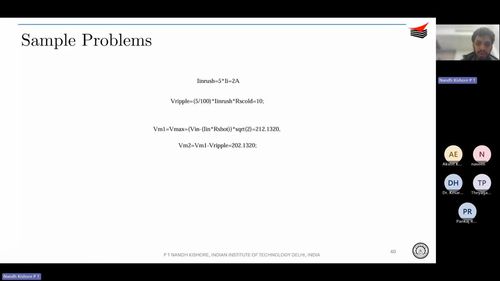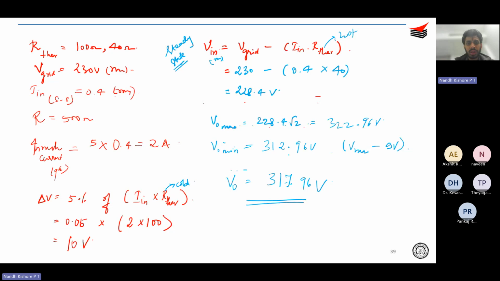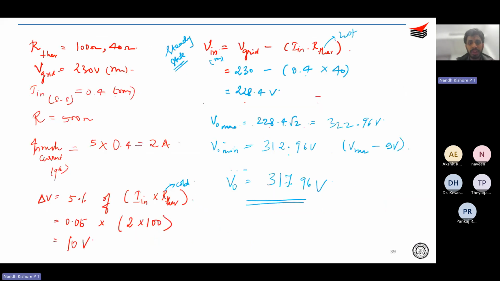I think there is a calculation mistake here. During steady state only we should consider IN, and steady state is given as 0.4 amperes, and our thermistor is 40 ohms.